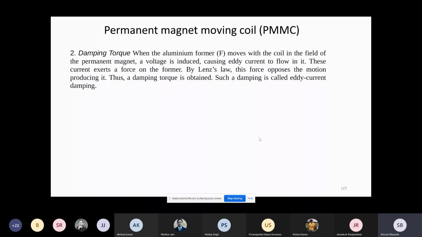But before reaching the steady state, it will go through ups and downs and then reach the steady state. So the time it takes before reaching the steady state, during which it deflects, is called the transient.